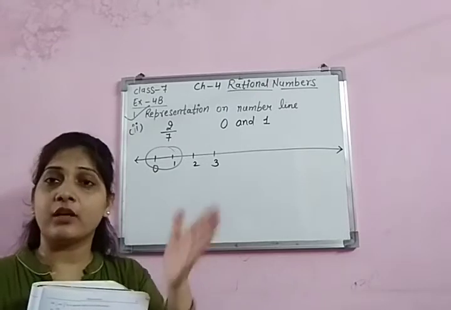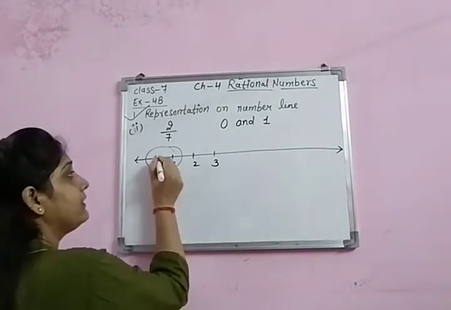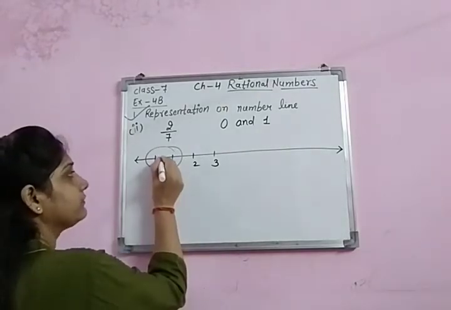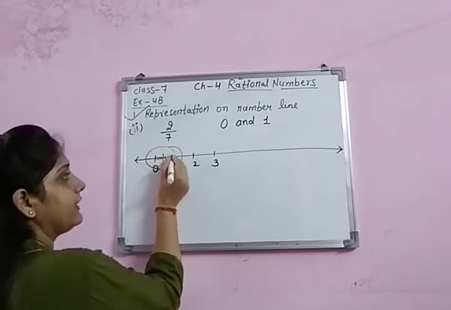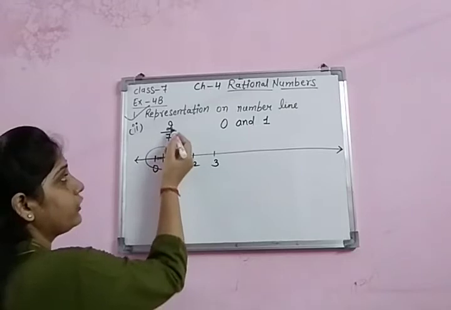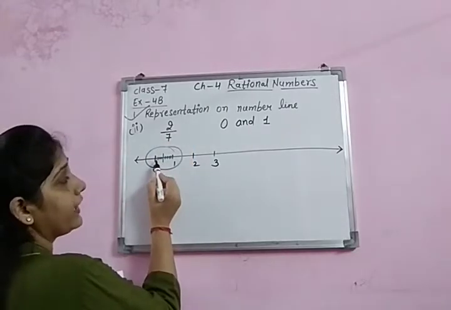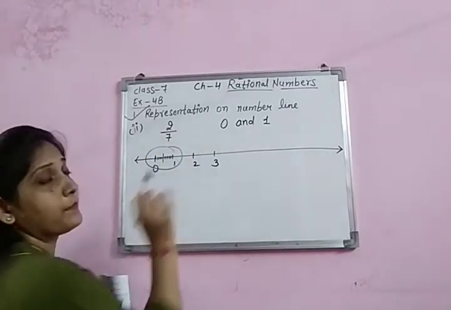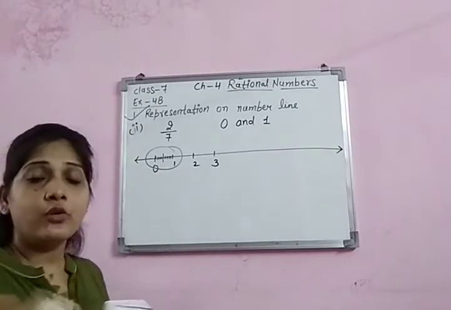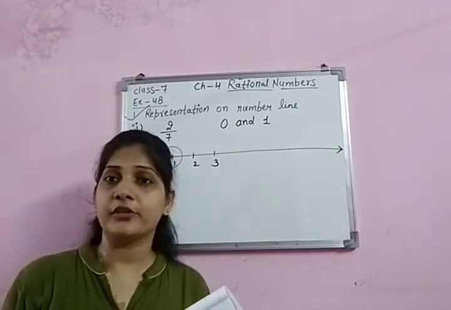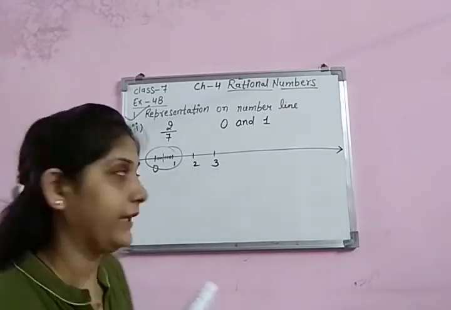You can, because between 0 and 1 there are how many lines? 10. We want 2 by 7. So where it will be? We want the 7 equal parts between 0 and 1 and there are 10. Agree? So how we have to do that portion? That's why I'm visualizing the number line.